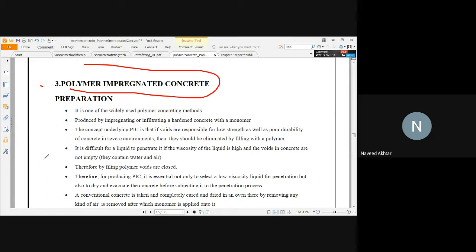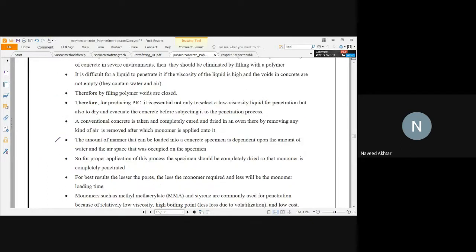Therefore, for producing polymer impregnated concrete, it is essential not only to select a low viscosity liquid for the penetration, but also to dry and evacuate the concrete before subjecting it to the penetration process if water is already present. A conventional concrete is taken, completely cured and dried in an oven, thereby removing any air, after which the monomer is applied.